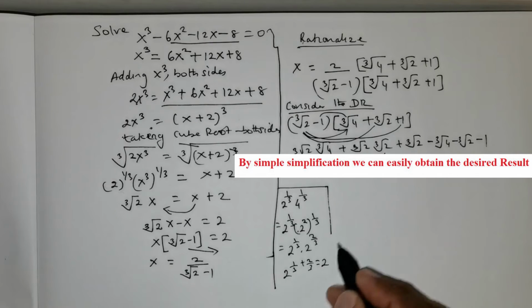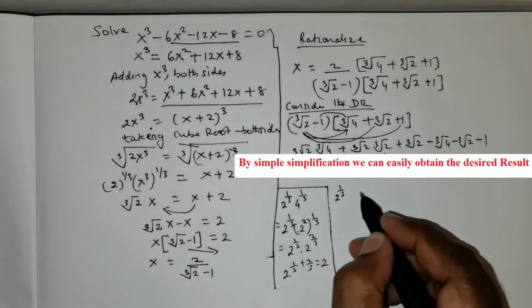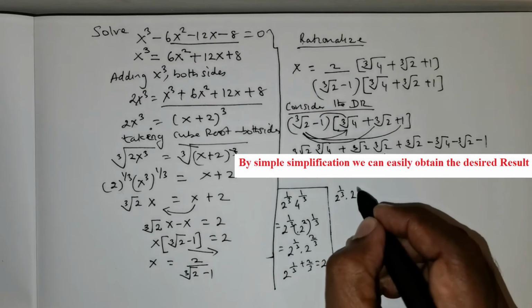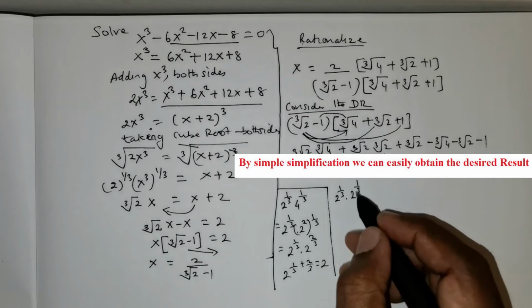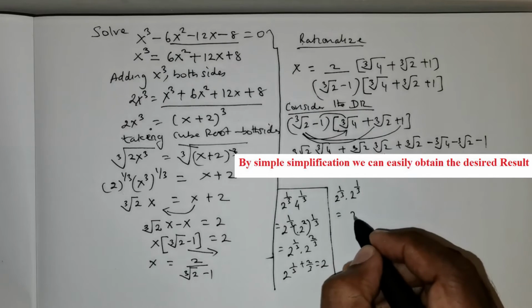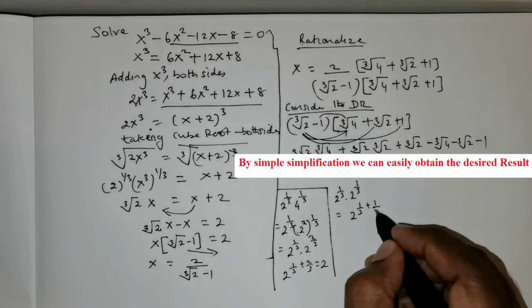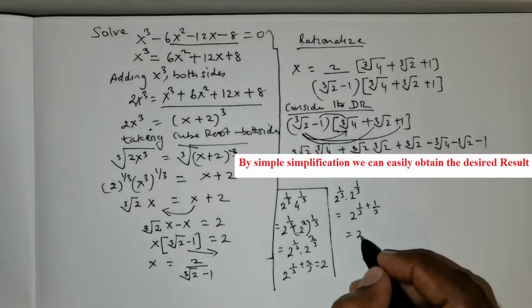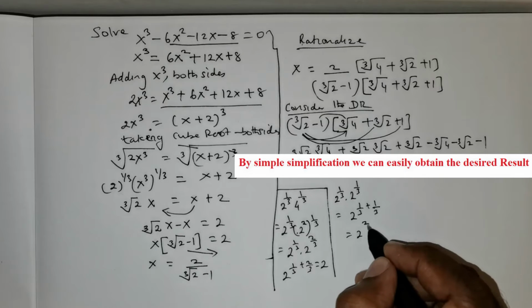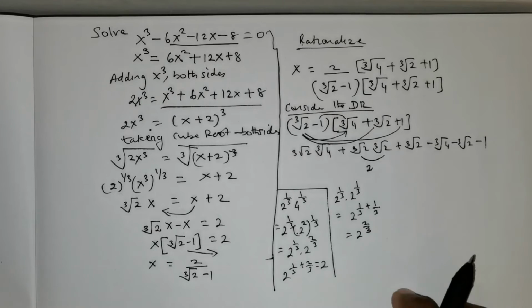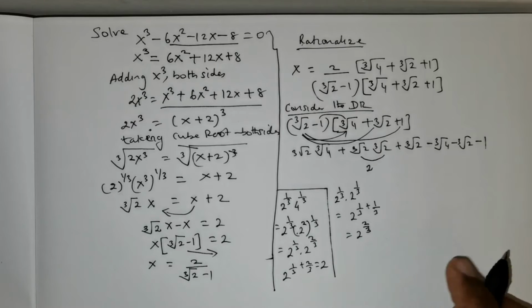So similarly for 2 raised to the power 1 over 3 multiplied with 2 raised to the power 1 over 3, this is going to be 2 raised to the power 1 over 3 added with 1 over 3, and that would be giving me 2 raised to the power 2 over 3.